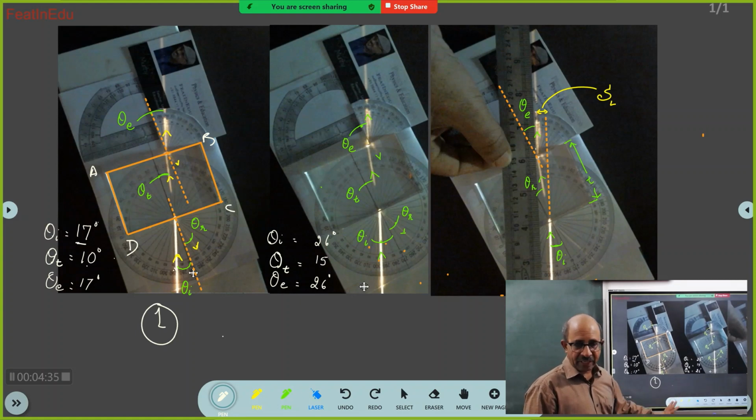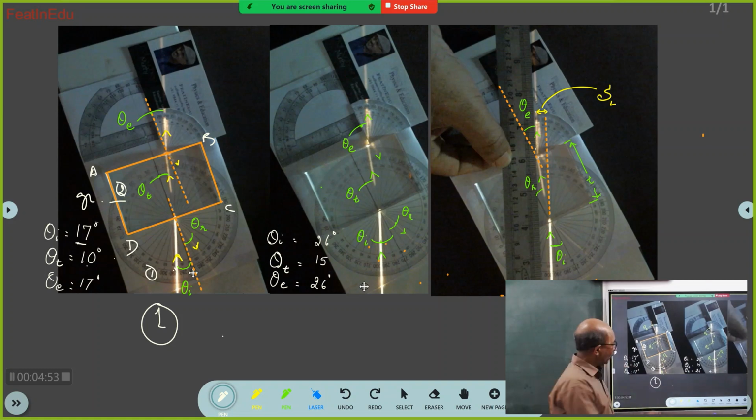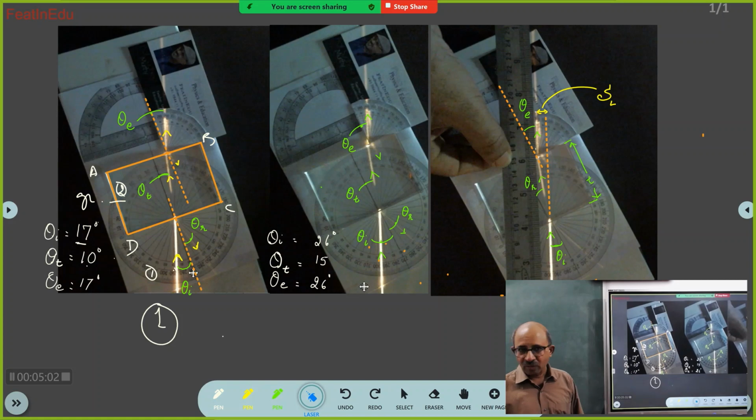So, you are convinced that refraction is a phenomenon wherein light traveling in a medium, in this case air, enters the surface of another medium, in this case glass. Glass is optically denser than air, and therefore the ray of light will bend towards the normal.